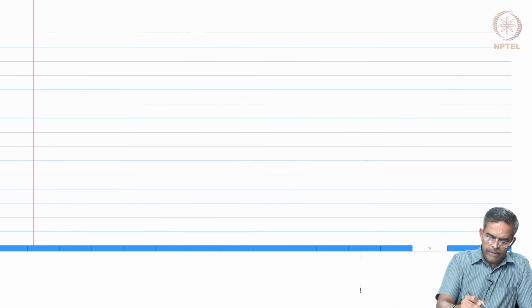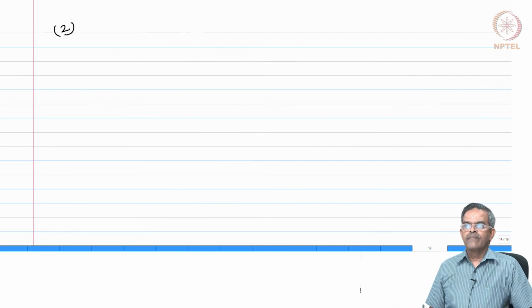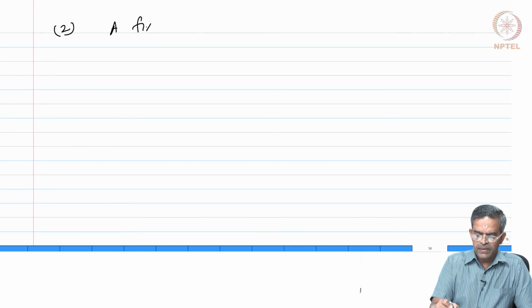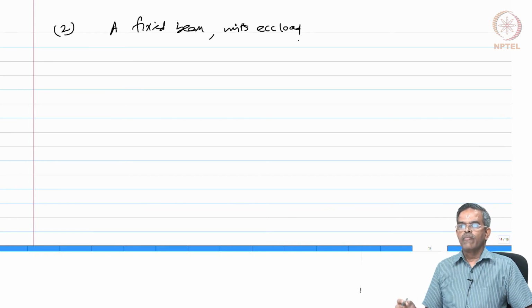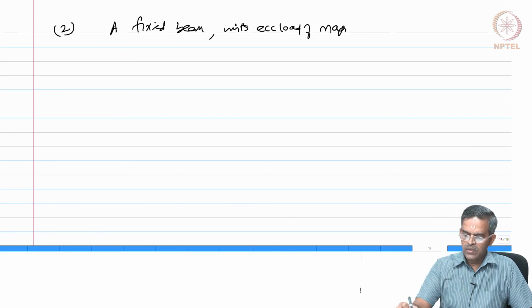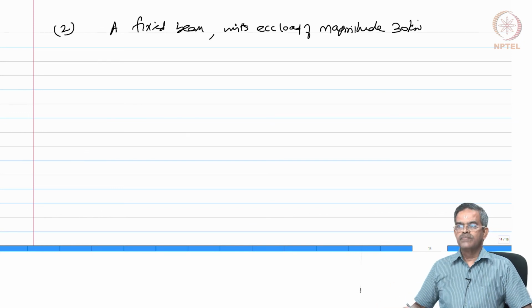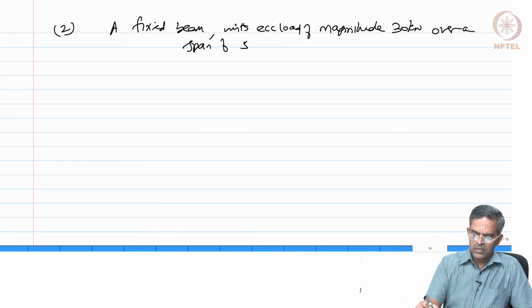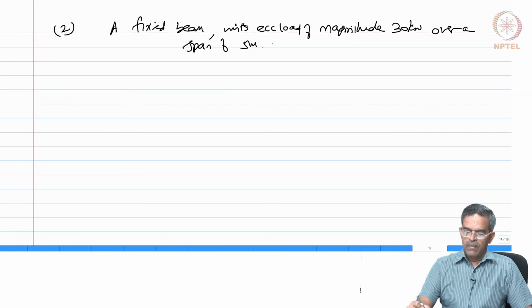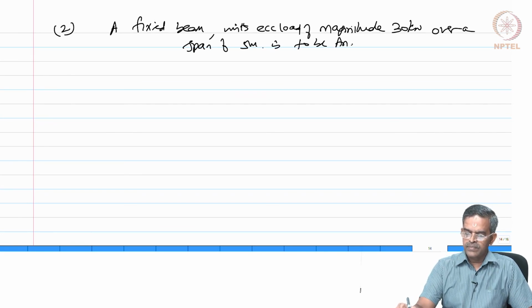Let us say a fixed beam with eccentric load of magnitude 30 kilonewton over a span of 5 meters is to be analyzed for collapse load.